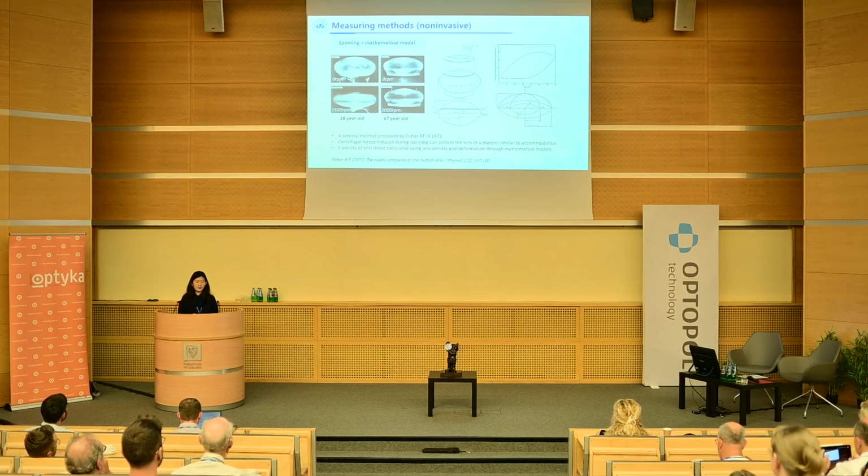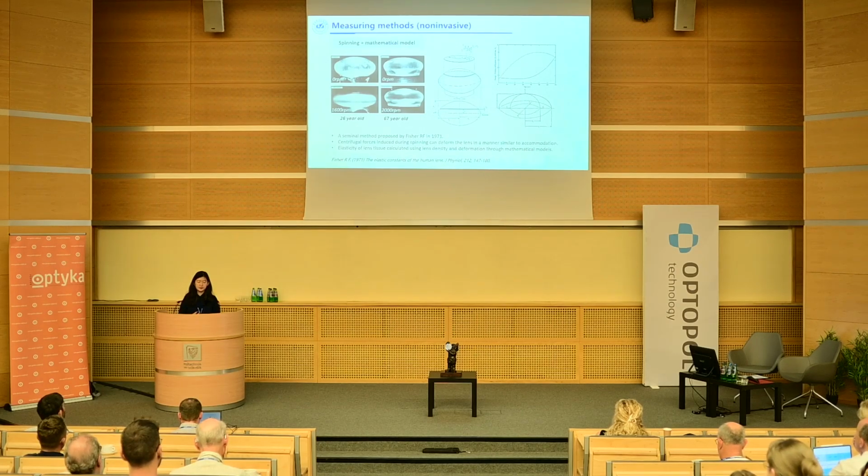We can see the picture comparing a young lens with a lower spin speed, about 1,600 rounds per minute, with an old lens which was spun at an even faster speed. The young lens deforms much more than the older lens, suggesting there's a difference in properties.